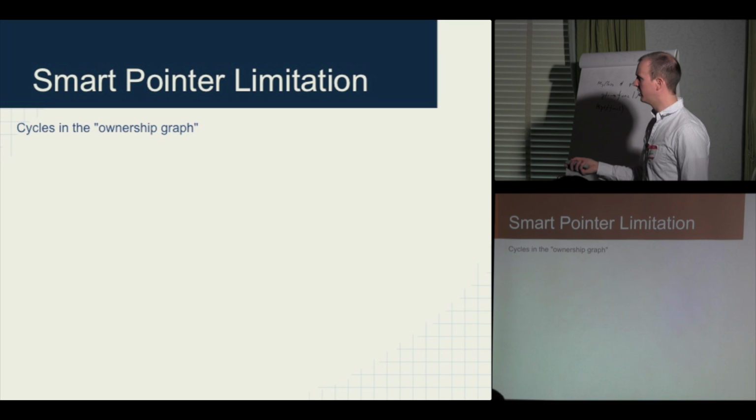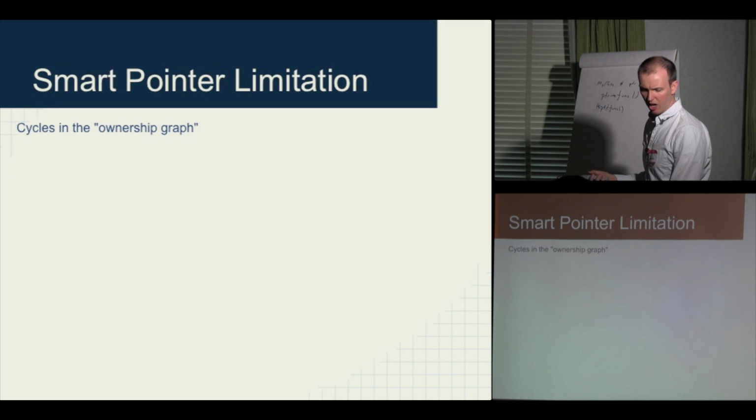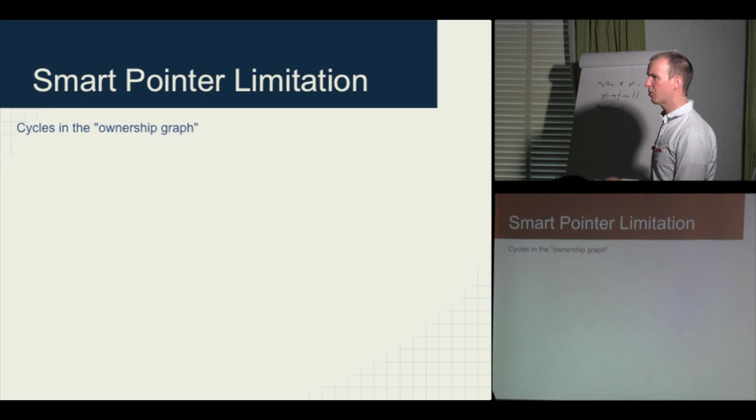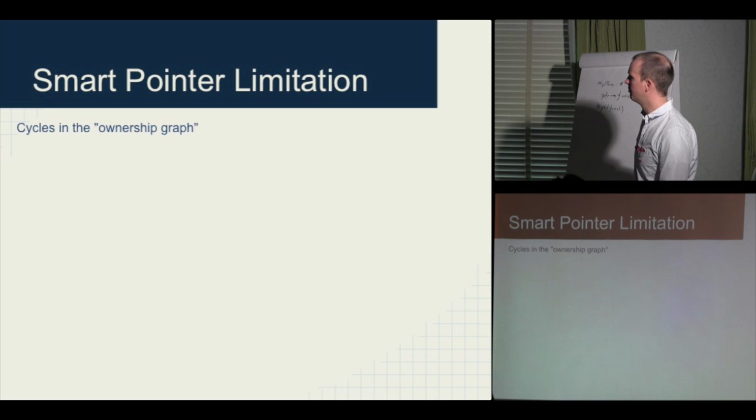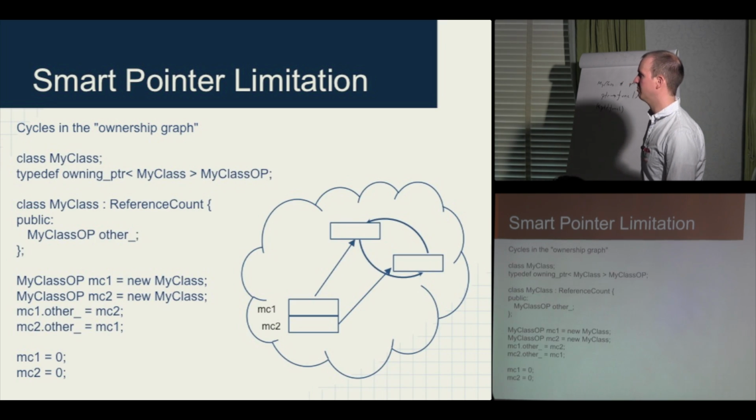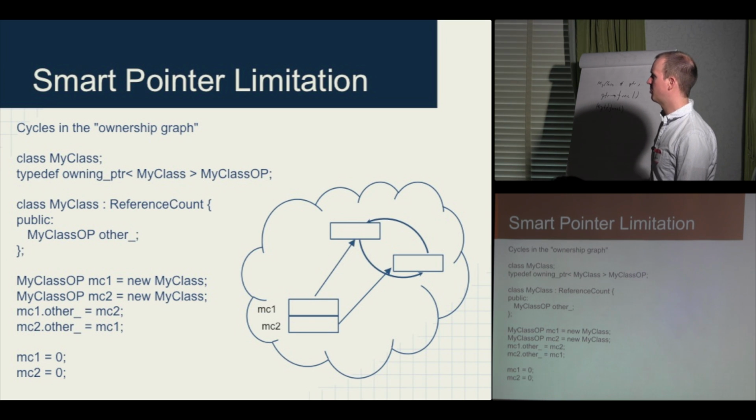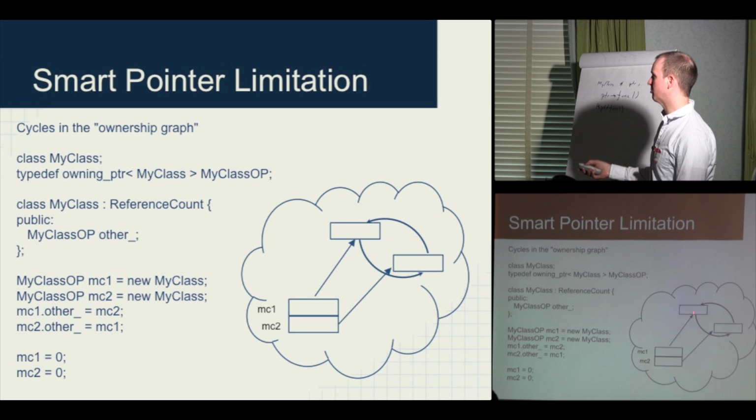There's one crucial exception to this, which is that if you have cycles in the ownership graph, I'll cover cycles in graphs in more detail tomorrow, then you can lead to problems. So this is that case spelled out where you've got the capability to point to another instance of yourself, and so you can construct, say, on the stack two pointers that point to each other, and that's the logic that would give you this kind of description set of pointers.